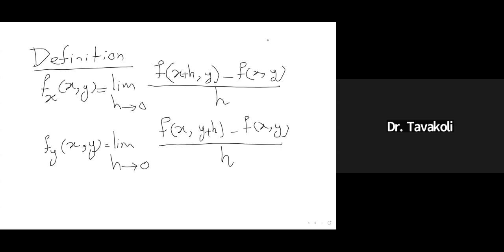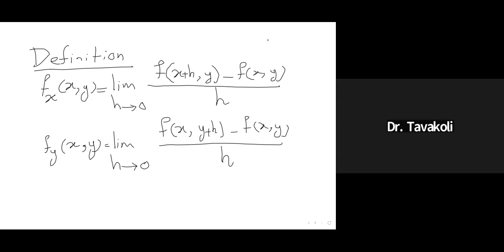Let's see an example to calculate partial derivatives with respect to x and y, although most of the time, almost all the times, we use formulas that I'll talk about later to find the derivatives, because if every time you want to use the limit definition of partial derivatives, that will be sometimes quite long.